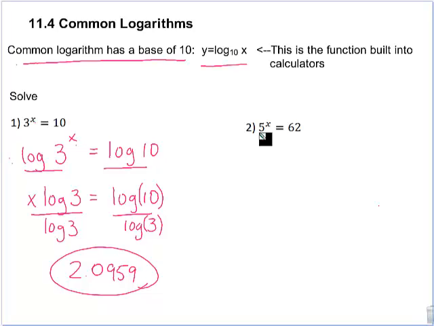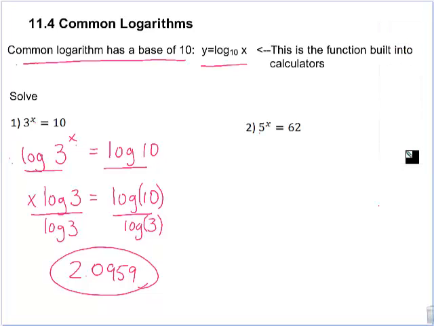Well, here we have 5 to the x, but 62 in no way can be written as 5 to some power. It's just not going to happen. So when we aren't able to write both of our numbers with the same base number, that's when logarithms are going to come into play.